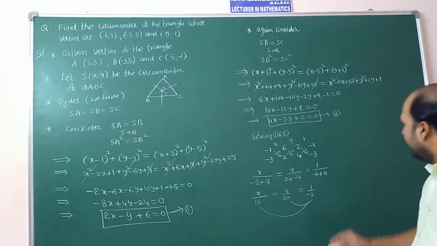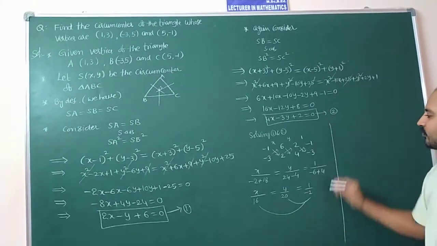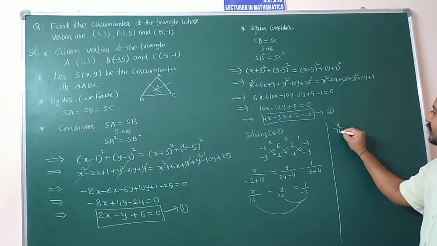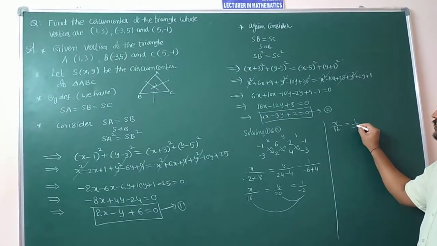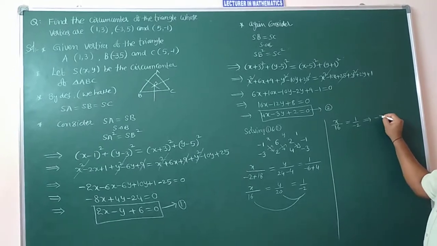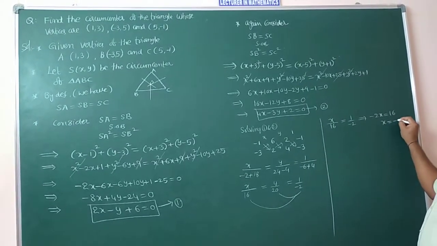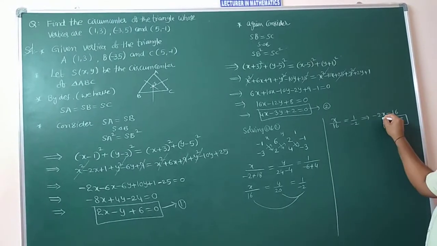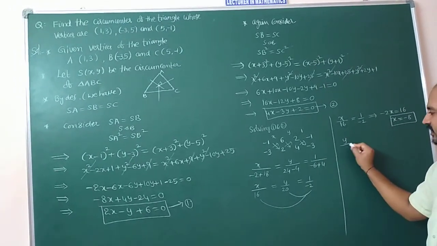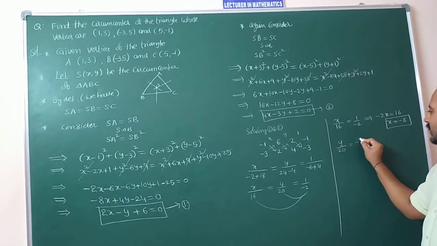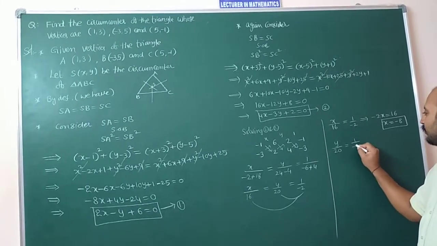Equating these two, x by 16 is equal to 1 by minus 2. That implies minus 2x is equal to 16, x is equal to minus 8. y divided by 20 equal to 1 by minus 2.